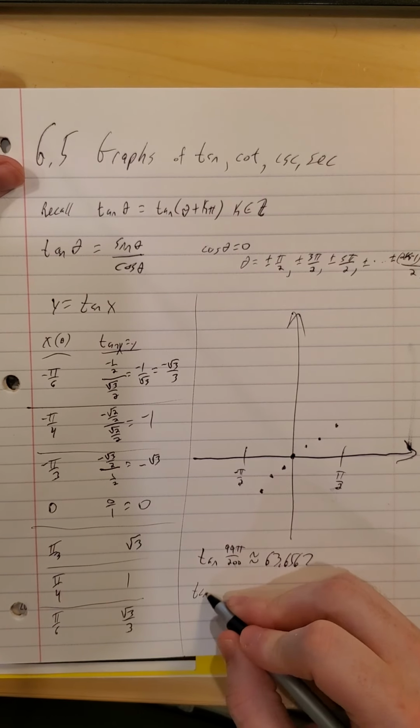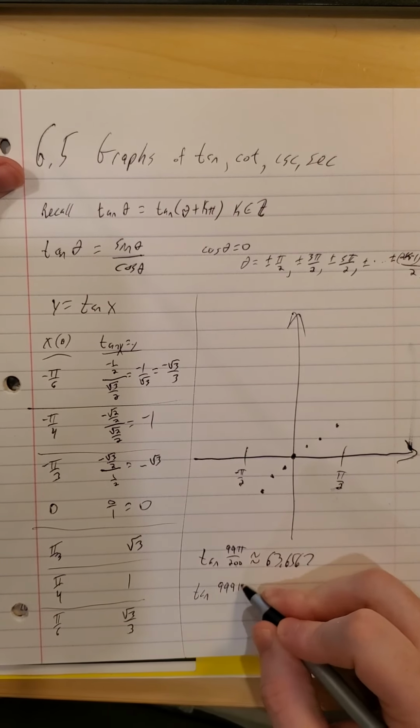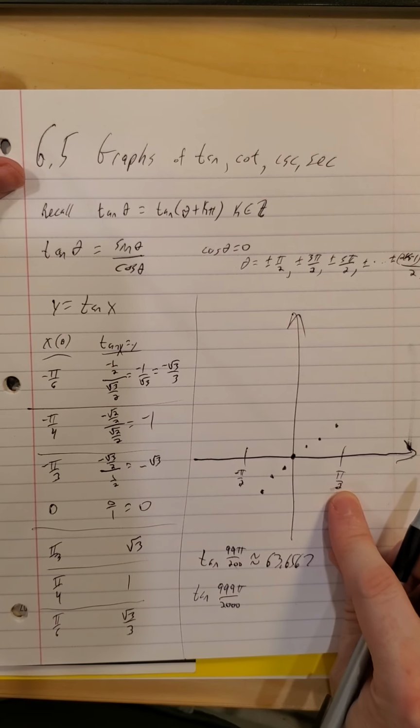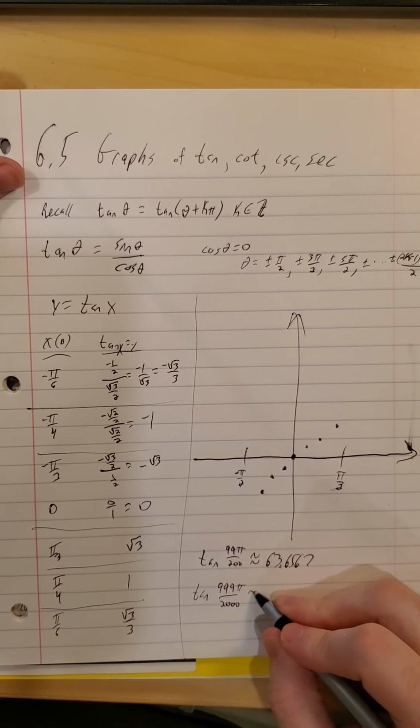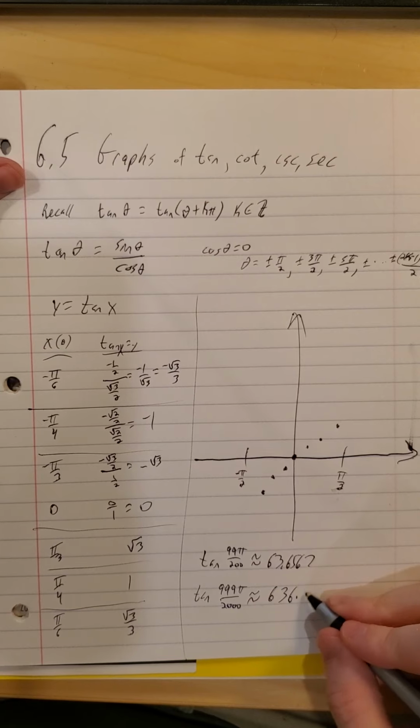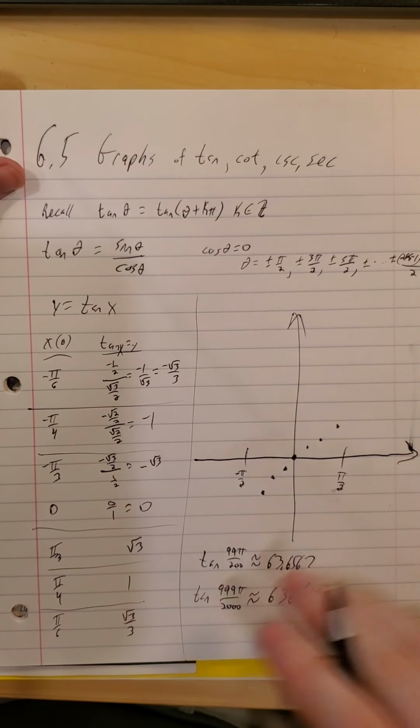If I try the tangent of 999 pi over 2000, again, very close to pi over 2, but not quite there, now we're at approximately 636.619, keeps going.